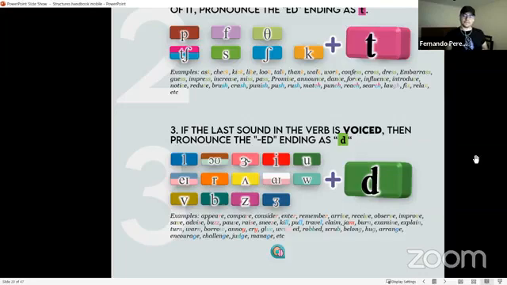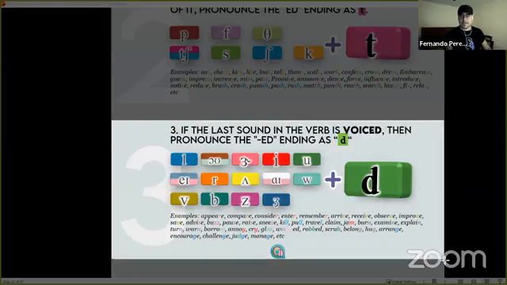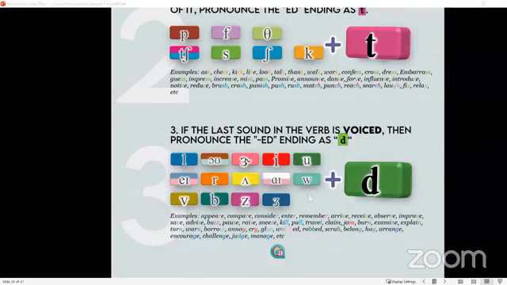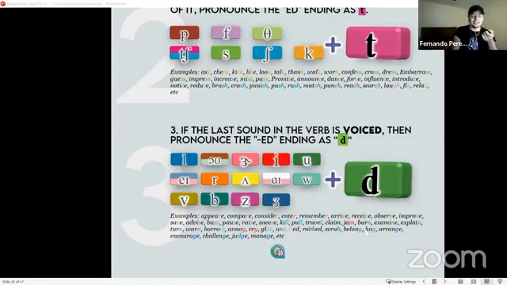Can you repeat the pronunciation of the verbs? You try to pronounce it. Sharpen in past. Sharp. Omit the E. Sharpened.